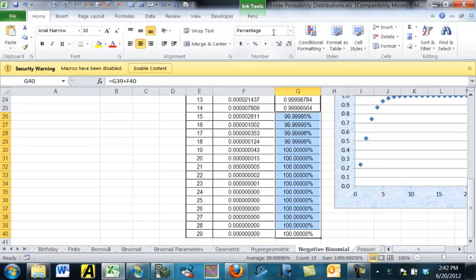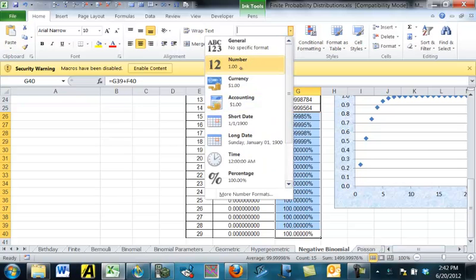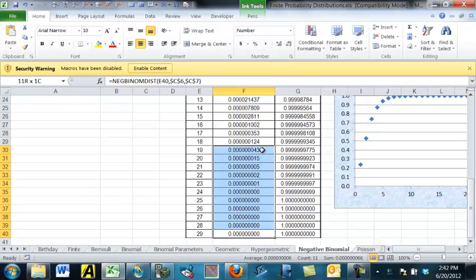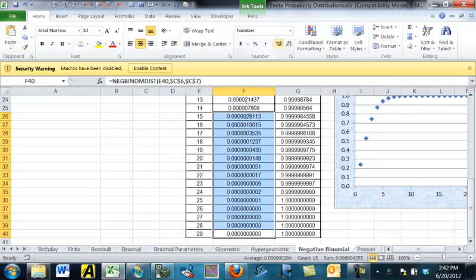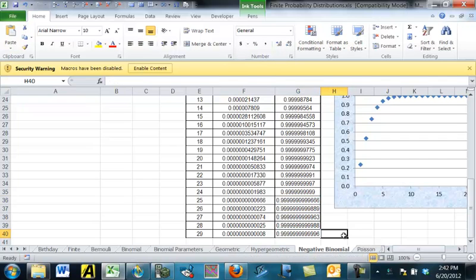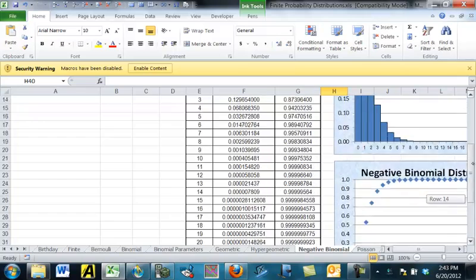I'm going to go ahead and change this to a decimal number 2. And we see that we're almost at 1 there, and not quite. It does go on forever.